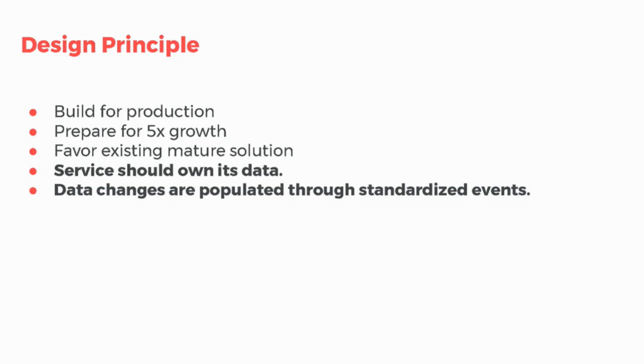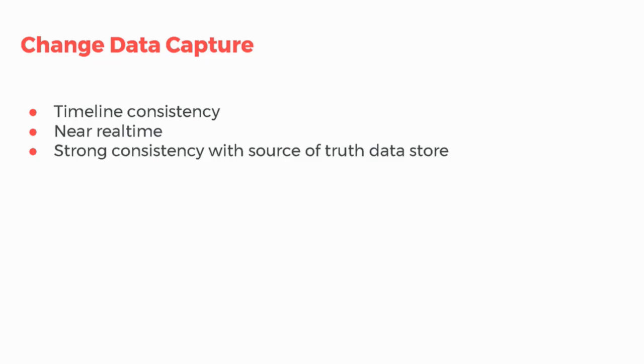Because we want this type of separation, we need a way for services to communicate data changes. Data changes are going to propagate through standardized events. This leads to the motivation for a change data capture system. There are a bunch of requirements for it.